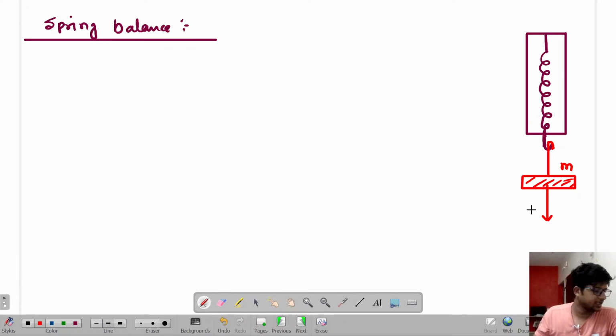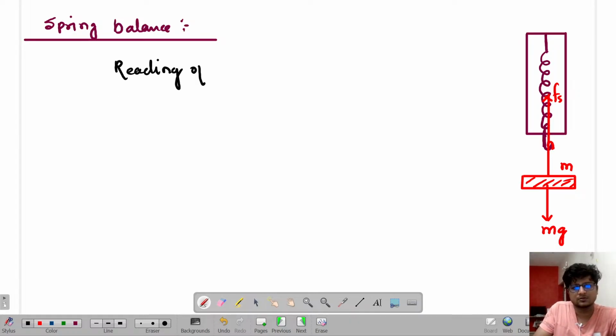So in reality, our spring force is measuring what? Our spring force is measuring the weight of the body, or not? If someone notes the reading of a spring balance, the reading of a spring balance is nothing but simply equal to what?